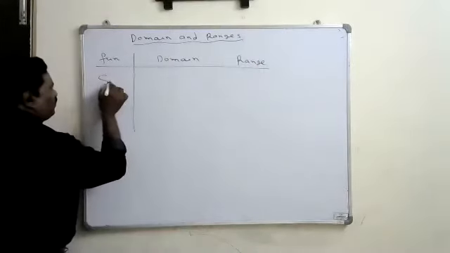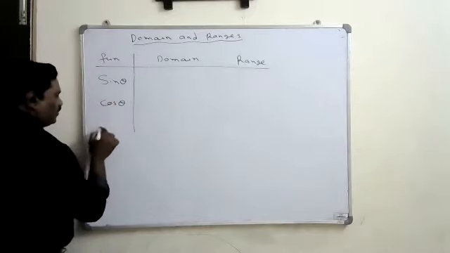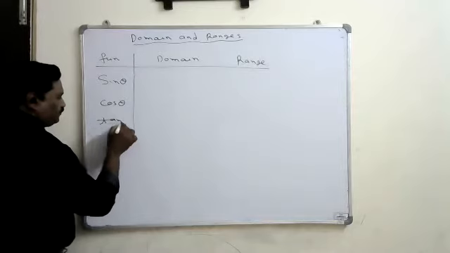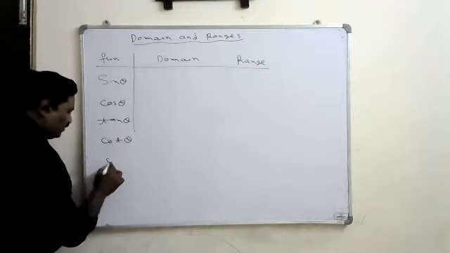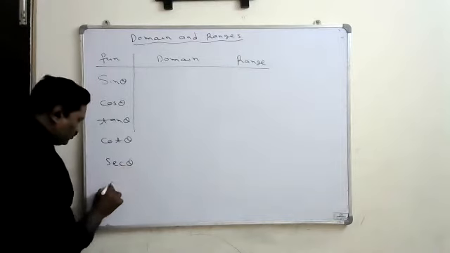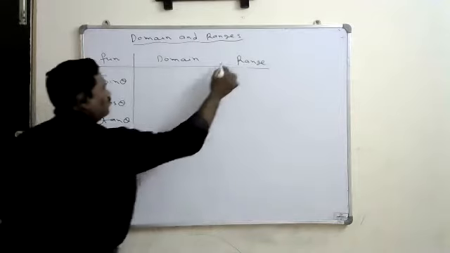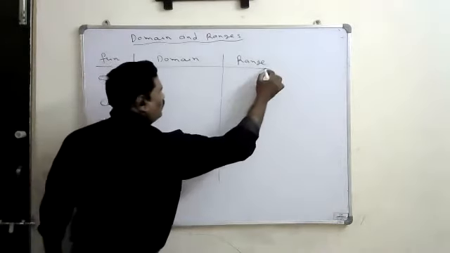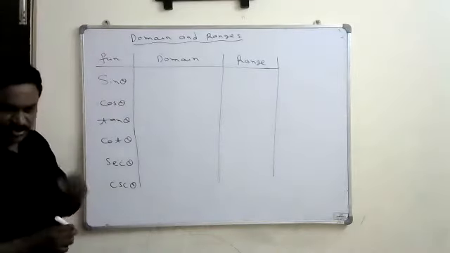Sine theta, cos theta, tan theta, cot theta, secant theta, and cosecant theta. Okay. Just observe this. What is meant by this domain and what is meant by the range?